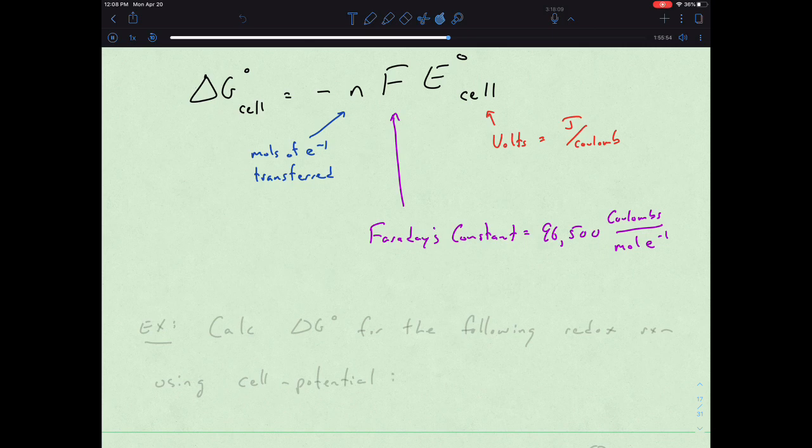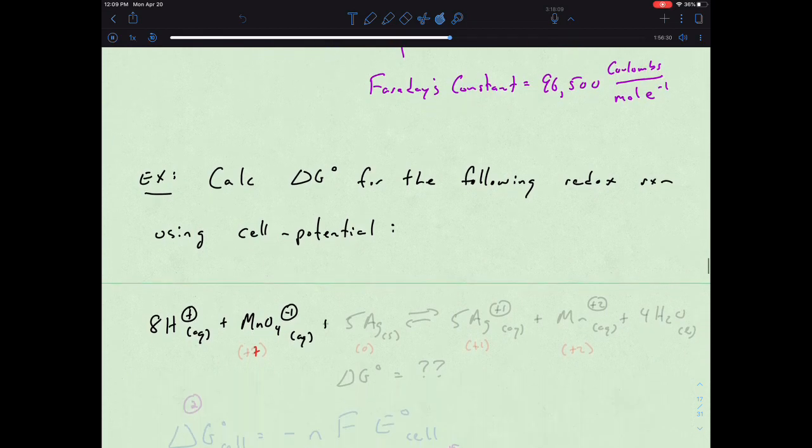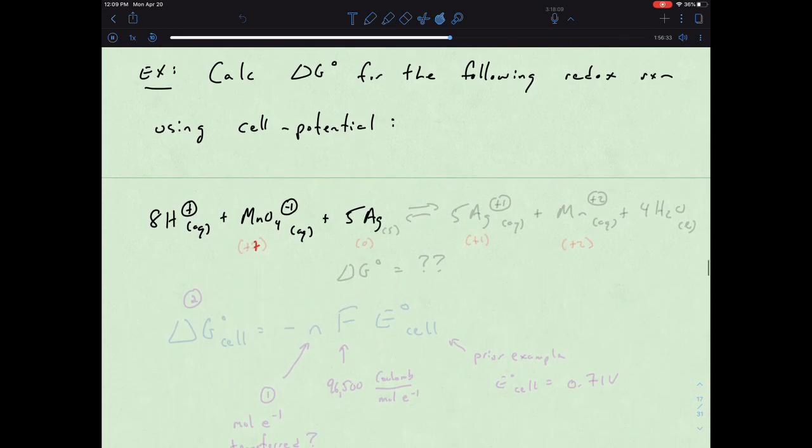So we can continue with our example, as far as calculating delta G for the following redox reaction using cell potential. And the reaction that we were looking at was, under acidic conditions, manganate and silver.